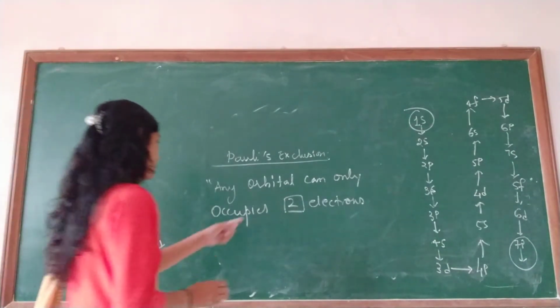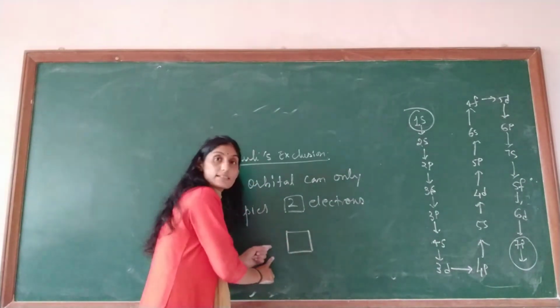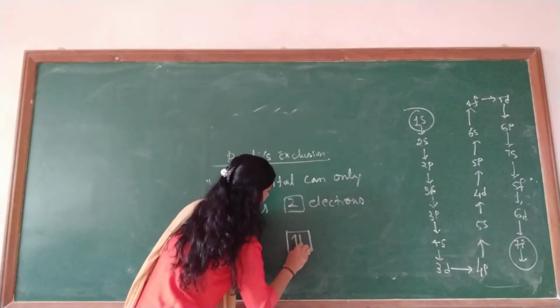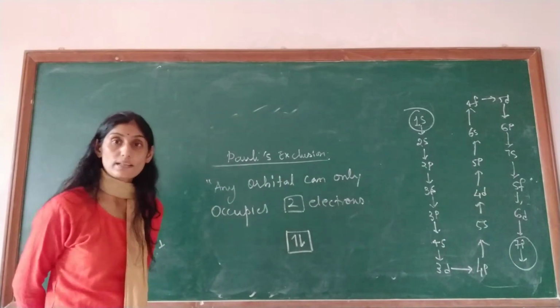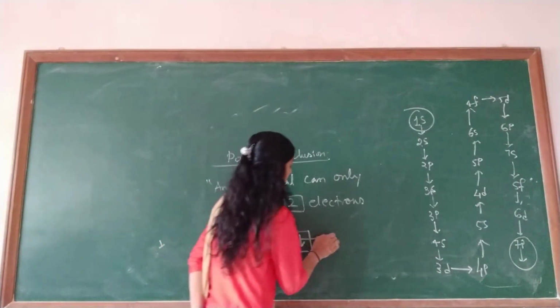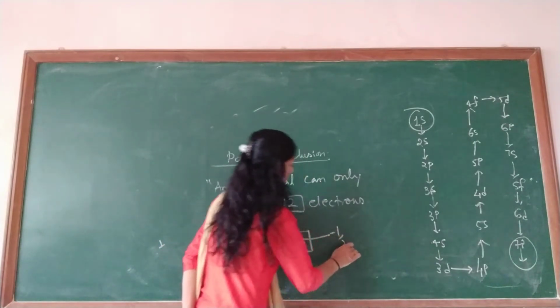That means when we talk about an orbital, in 12th class an orbital is represented by a square bracket. तो अपने आप में कितने इलेक्ट्रॉन रख सकता है, 2, with opposite spins. You can see here one is up spin, one is down spin, that means plus half and minus half.